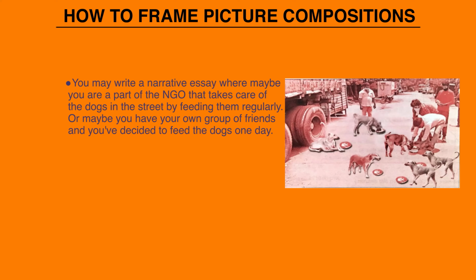And you can actually write a lot about it: how you went about collecting money for this project, how you bought the food, what happened on that day, how you distributed the food among the dogs, and what were their reaction.